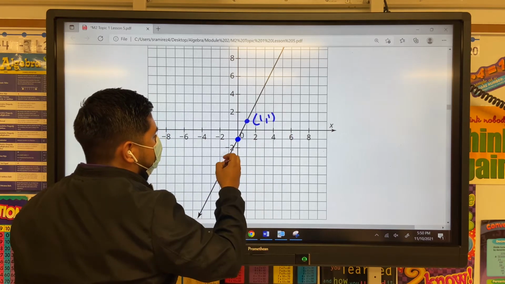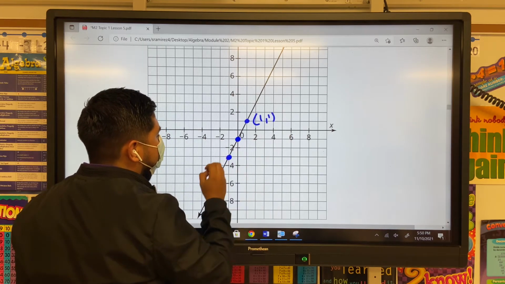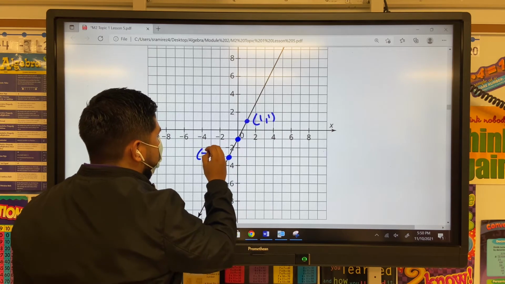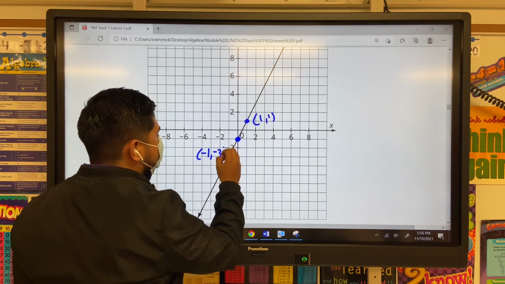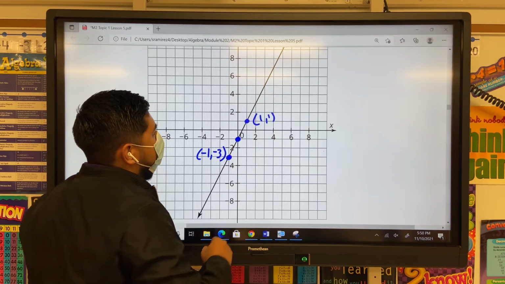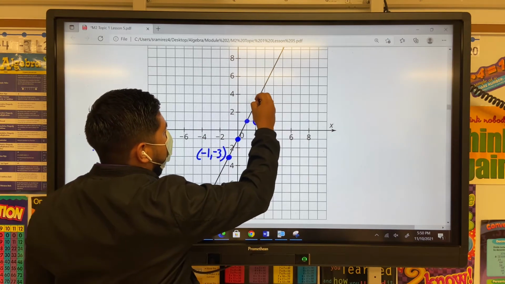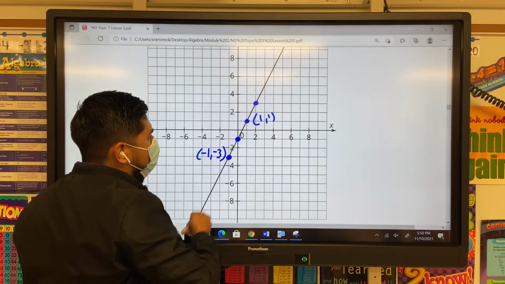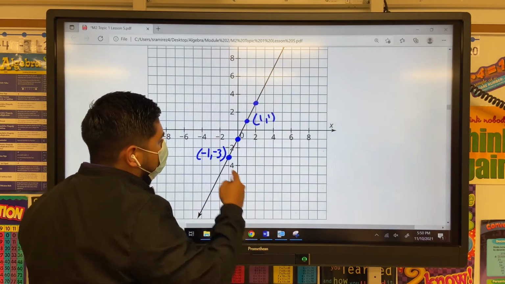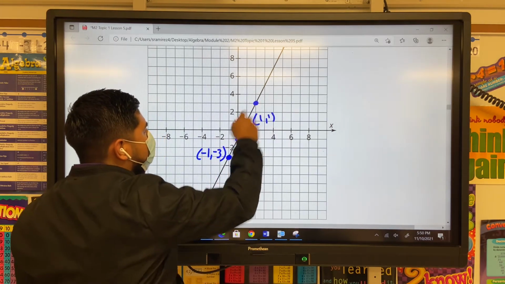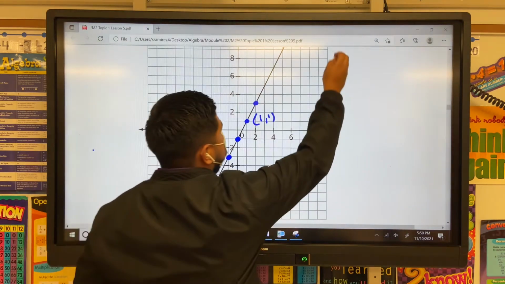We can even go down here. There's a point right here. This coordinate is -1, -3. We want to be specific. And there's another point right here. So there's points all along the line, and if you can see it, we're creating a staircase. Call our slope, our rate of change.